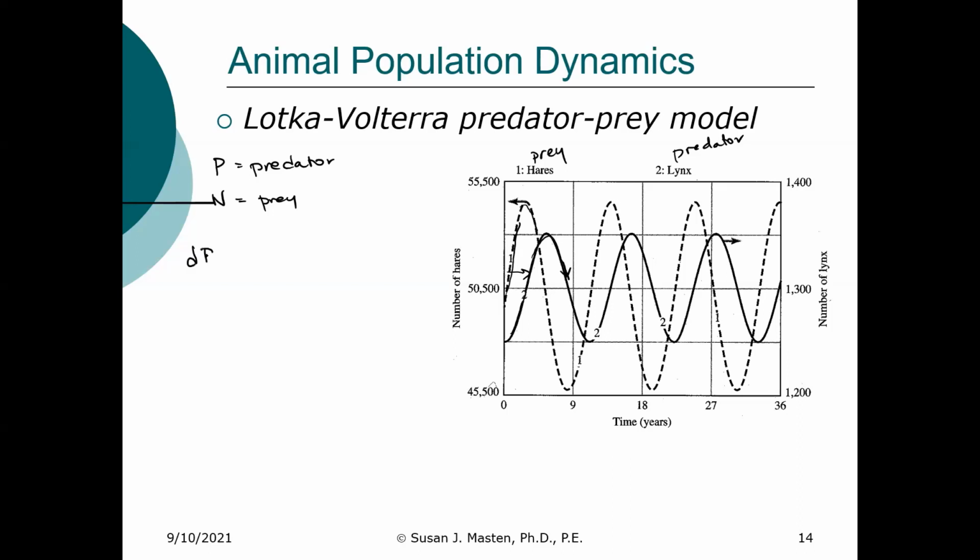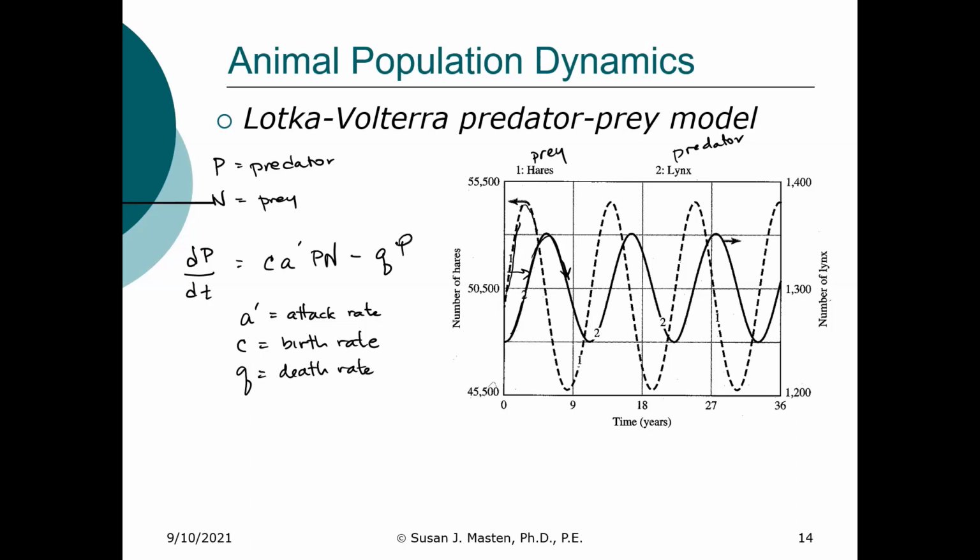Here, the change in our predator population with respect to time is equal to some growth rate, where A prime is the attack rate and C is the birth rate, times P sub n times N, minus Q, where Q is the death rate, times P.